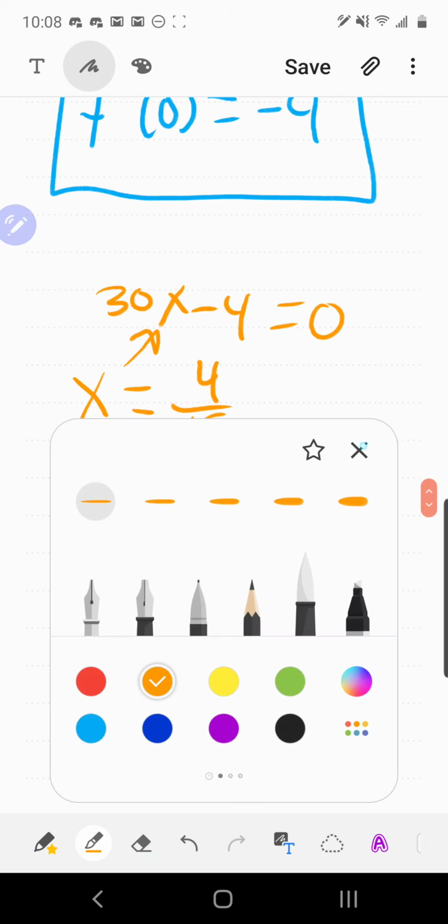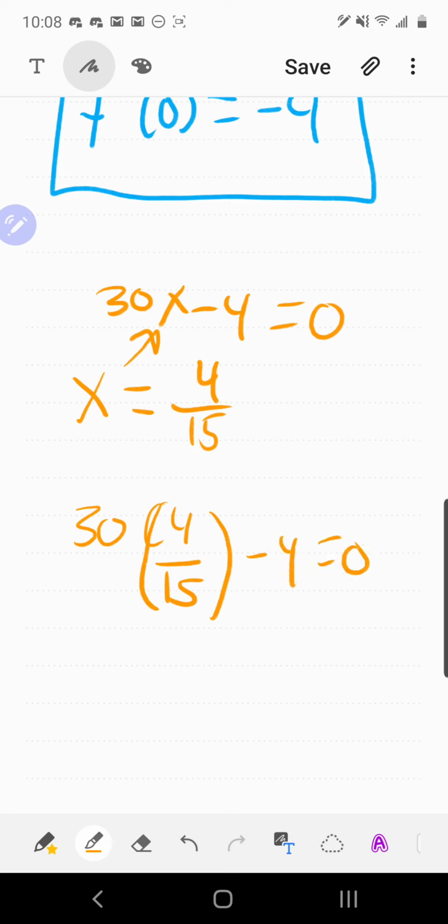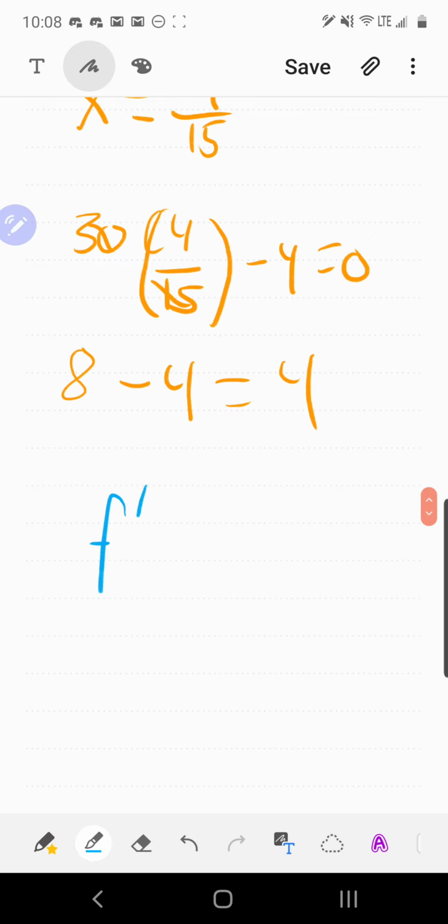Now what do we get? 30 times 4/15 is 8, so this is 8 minus 4, which is +4. So we have f double prime of 4/15 is going to be equal to +4.